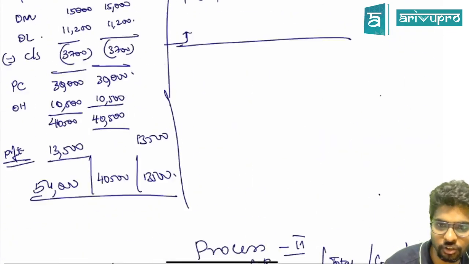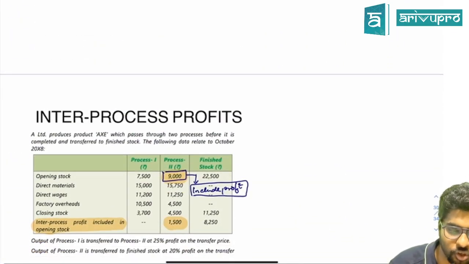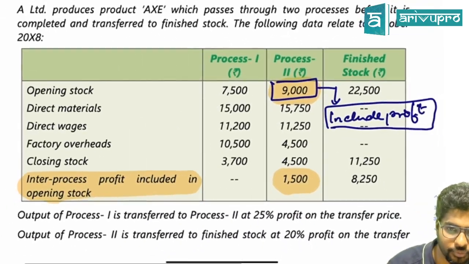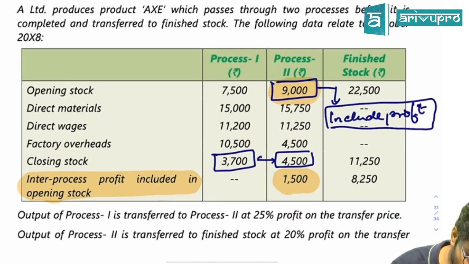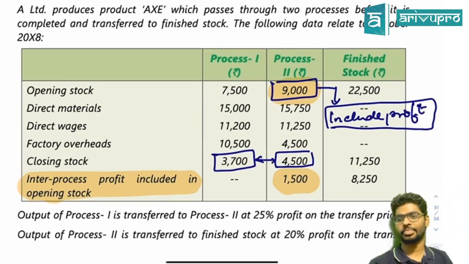Now I want you guys to look into this closing stock. What is the difference between this closing stock and this closing stock? First one is at cost price, okay, and the second one? No, that's not the right one.